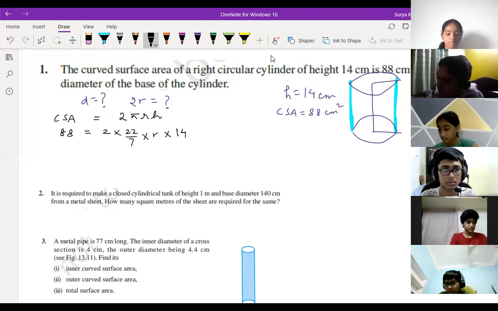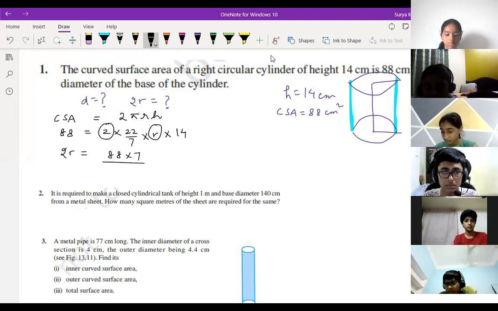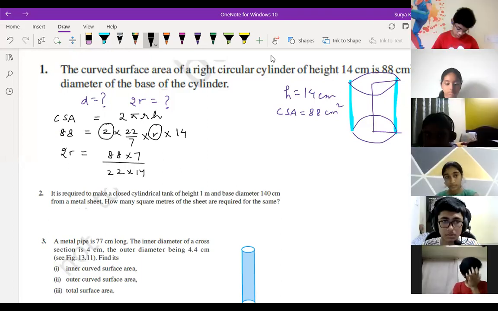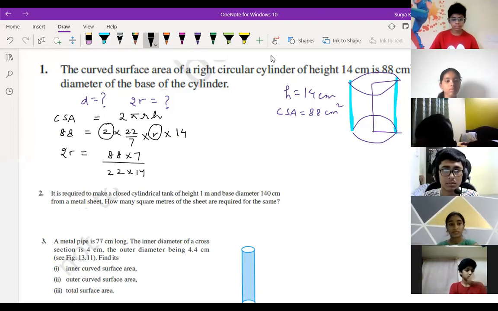Don't touch this 2 and r, children. Okay, write directly 2r is equal to 88 into 7 divided by 22 into 14. Is it clear, children, what I've written here? Yes, sir. And 2r is nothing but your diameter. Or if you want to cancel 2, cancel it off, not a problem. But again, you should double it later on. Understood?